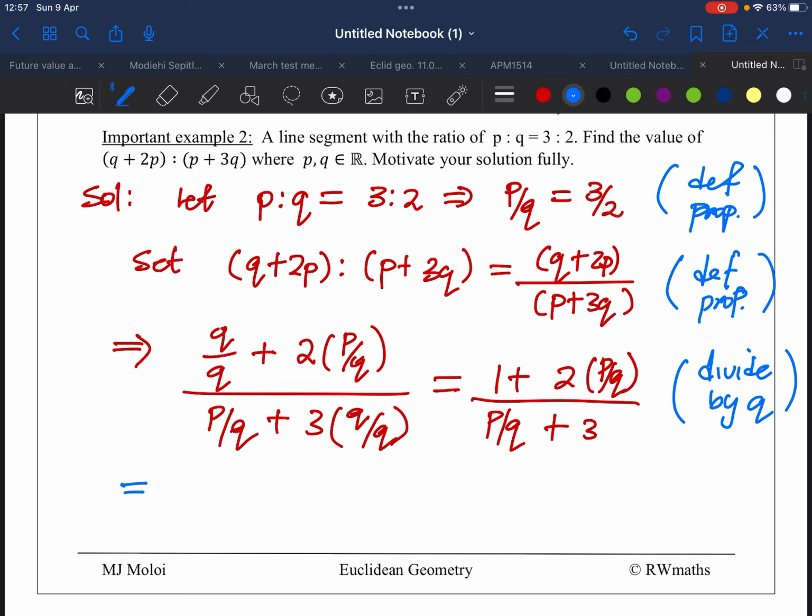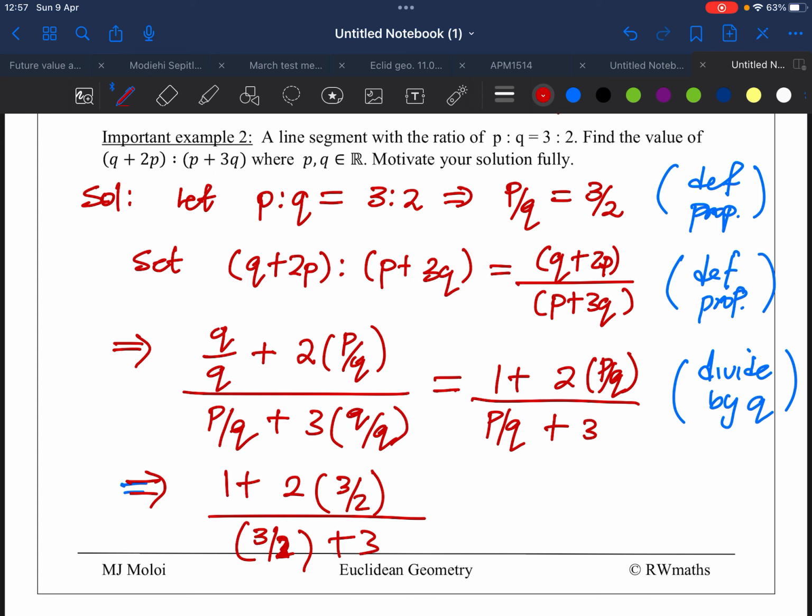We have something of this form: 1 plus 2, and what is P over Q? 3 over 2 there. Now what is P over Q in the denominator? We know that P over Q is 3 over 2, also plus 3.